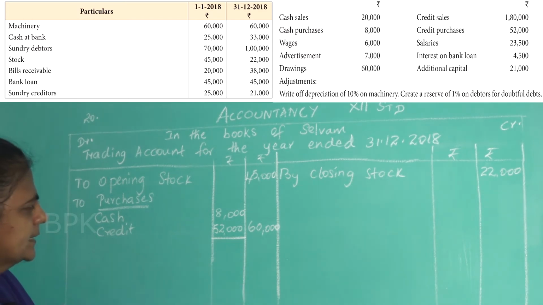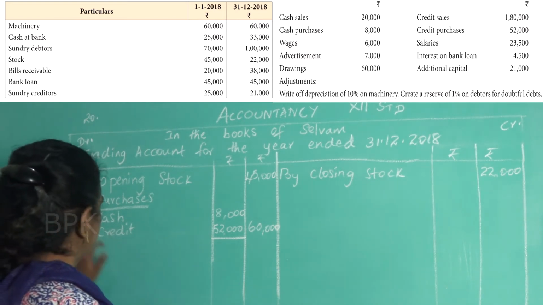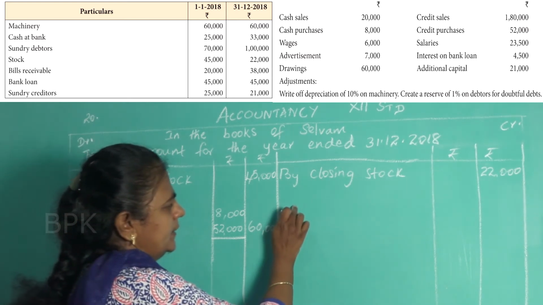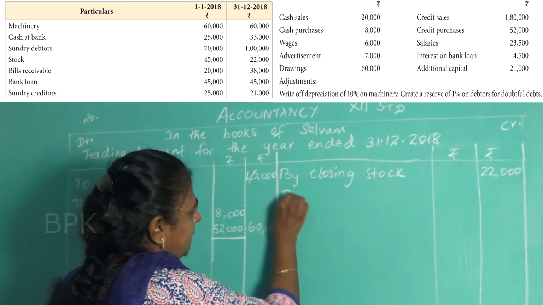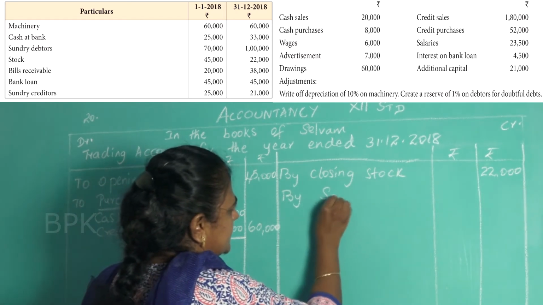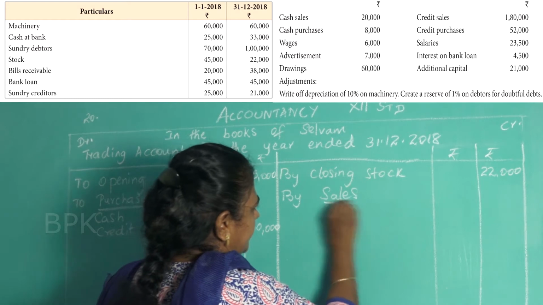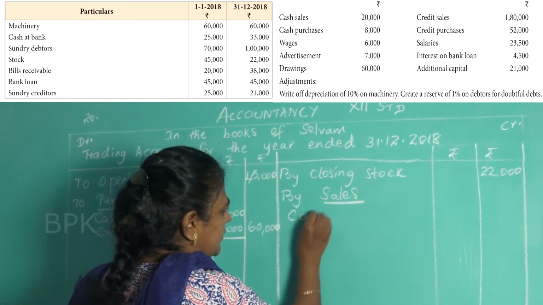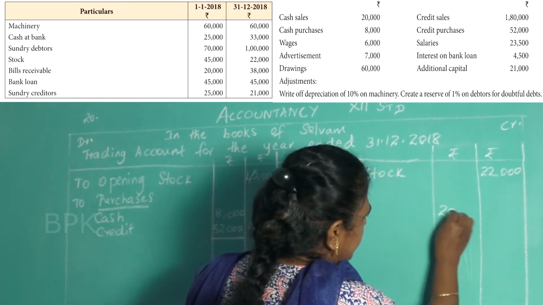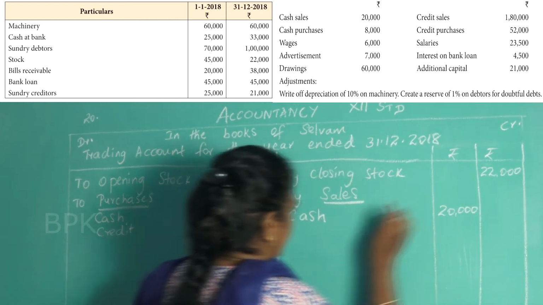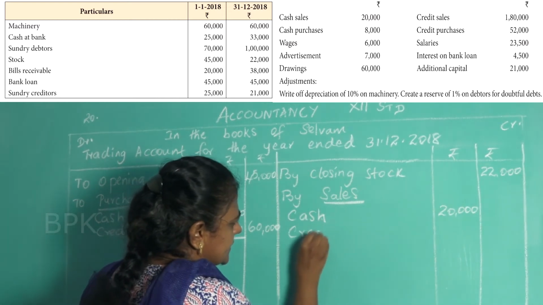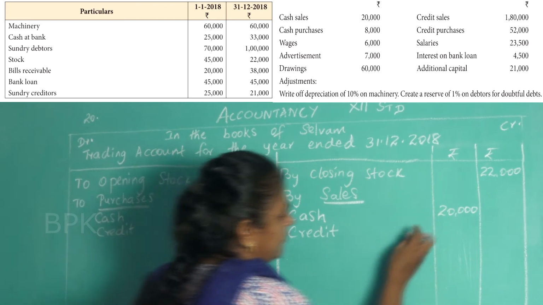Okay. Next, what else is given? After purchases, what do you have to write here? Sales. By sales. Cash sales is 20,000 and credit sales is also given.